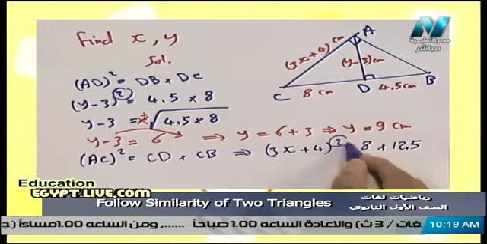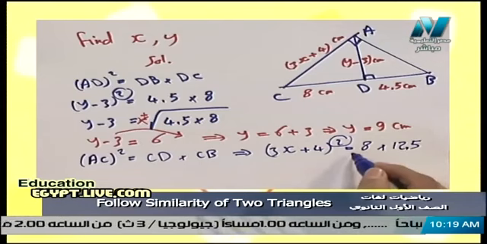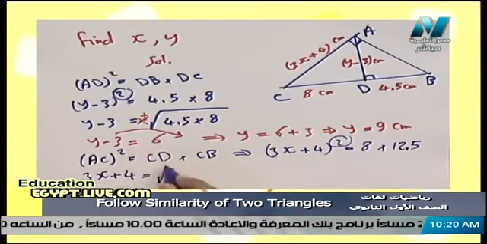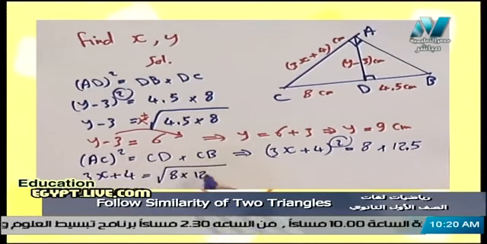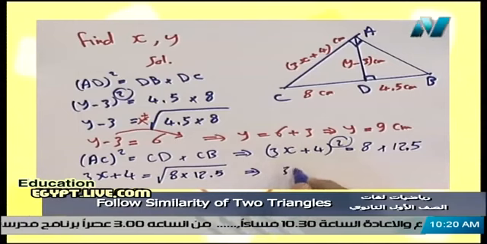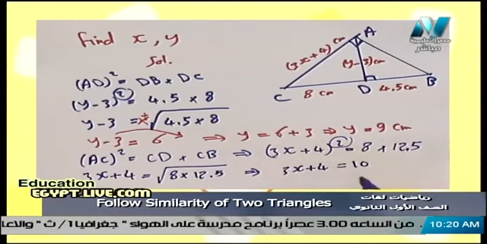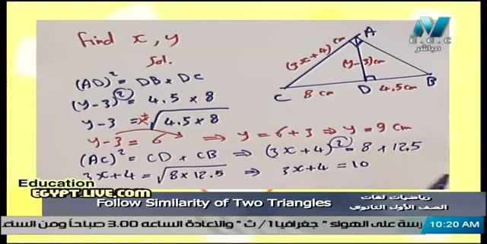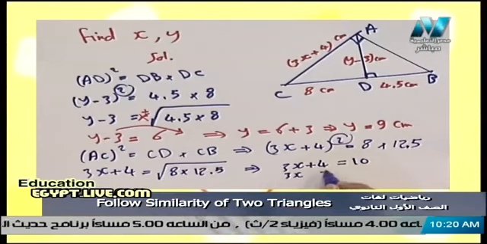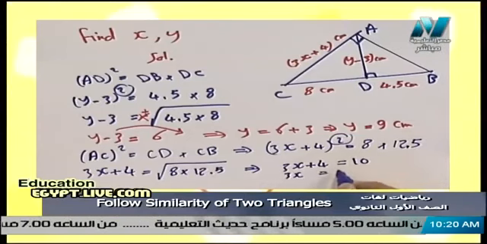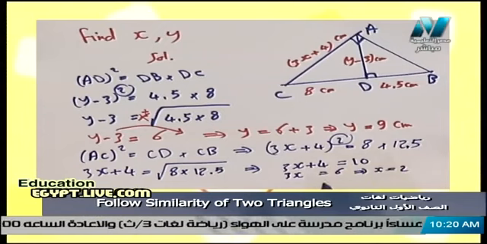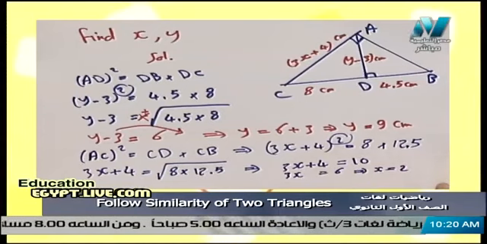And we will cancel power 2 by taking the square root as in the previous step. 3x plus 4 equals the square root of 8 multiplied by 12.5, and 3x plus 4 will equal 10. We continue solving this equation. 3x equals 10 minus 4 equals 6, and x equals 6 divided by 3 equals 2. So x here equals 2.